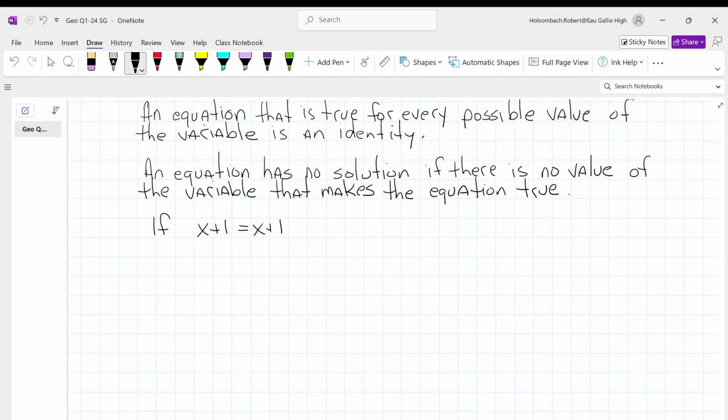An identity. Let's go back up here where this says identity, maybe put a comma, and you can write infinite solutions. So if x plus 1 is equal to x plus 1, then infinite solutions. Identity.